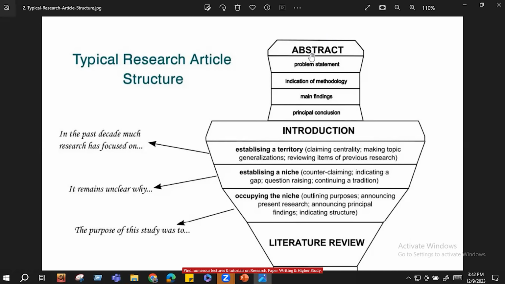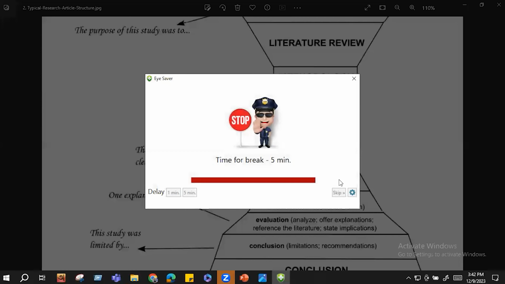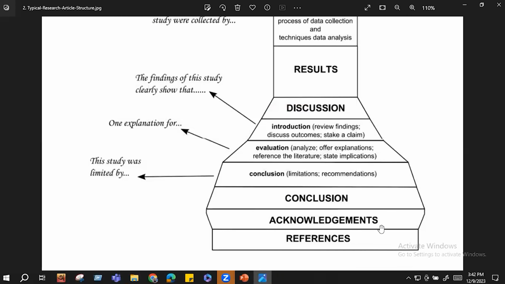At first, there will be abstract and introduction, literature review, methodology, results, discussion, and conclusion. If there is any acknowledgement, that means somehow you received help from someone or institutions, like they provided funding or experiment facilities, you have to mention it there, or references of the related literature or papers.